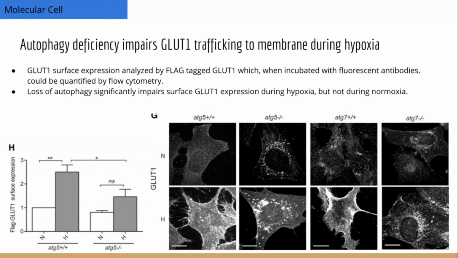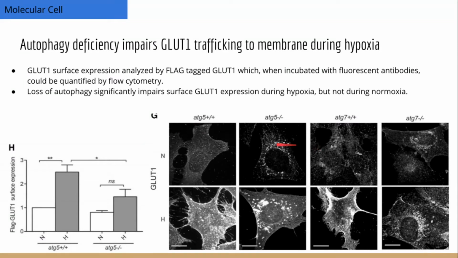I mean, maybe there's a trend towards increased GLUT1 surface expression, but it's not even significant. In the control cells, the ATG5++, we see a huge, almost 3 times upregulation of GLUT1 at the surface. So the autophagy deficient cells are failing to upregulate their GLUT1 surface expression.